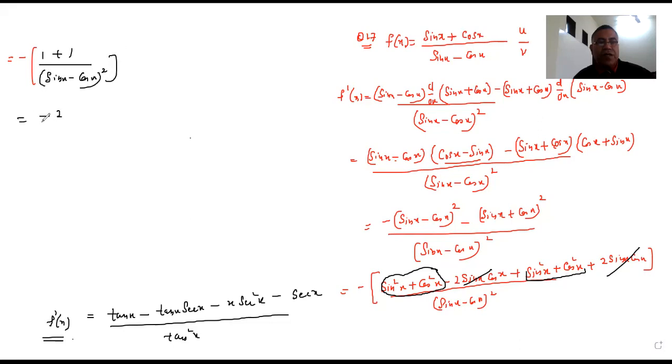So this is minus 2 upon (sin x minus cos x) whole square. This is the net derivative. So try the questions of this exercise, and tomorrow I will take the difficulties, and then we will go forward.